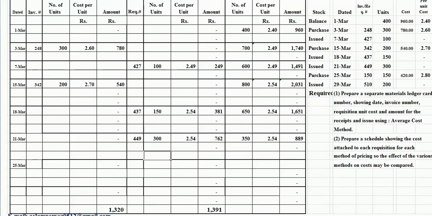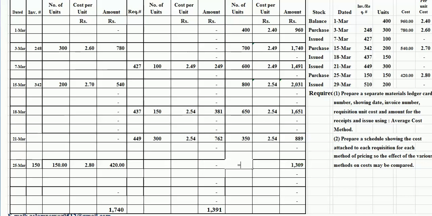Now students, on 25th March we again purchase 150 units at the rate of 2.80 here. The requisition number is 150 here. The number of units is 150 and the rate is 2.80. Now we again find out the new rate. For this purpose we add up the previous cost and the current cost.